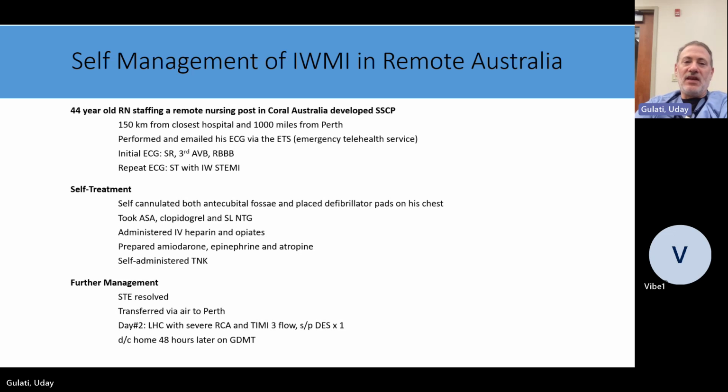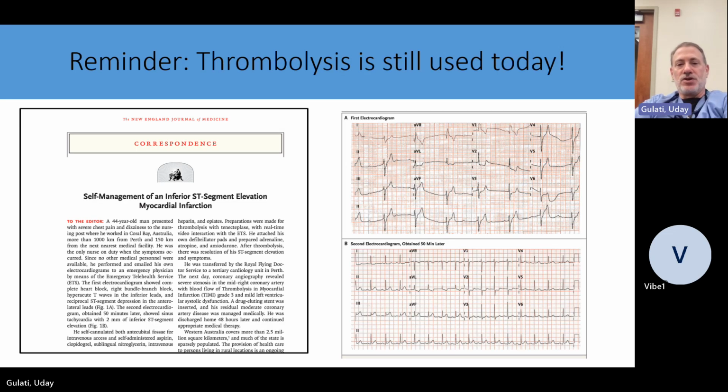He performed and then emailed his ECG to their emergency telehealth service. His initial ECG, you can see it up here, showed sinus rhythm with third-degree AV block and ST elevations. And then his second EKG, after the heart block resolved, showed sinus tach with inferior ST elevations and reciprocal changes in V1, V2, and V3.